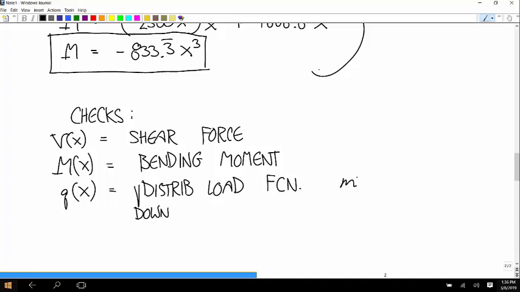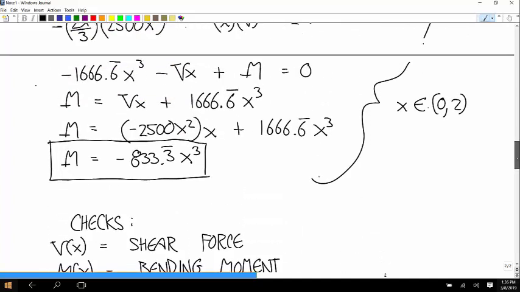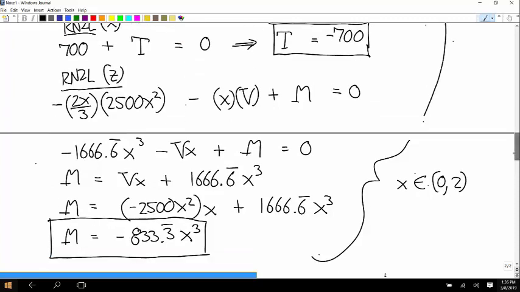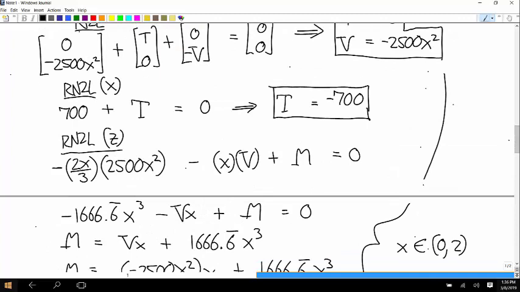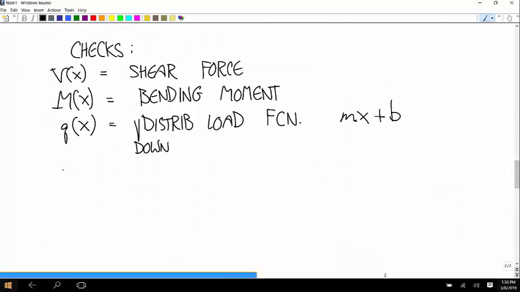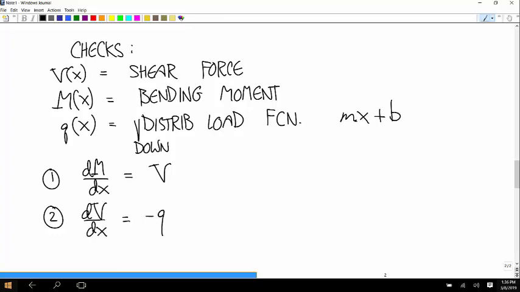So this is the one where we found that mx plus b equation, the equation for that line. That's our distributed load function. And the relationship is dM/dx has to be equal to V, and dV/dx has to be equal to negative q.